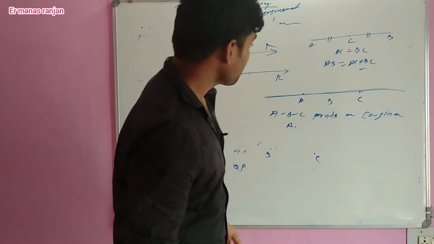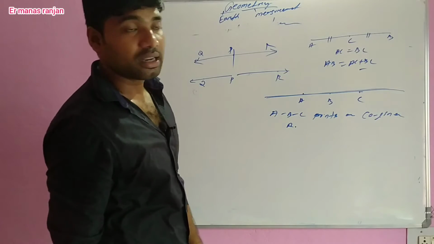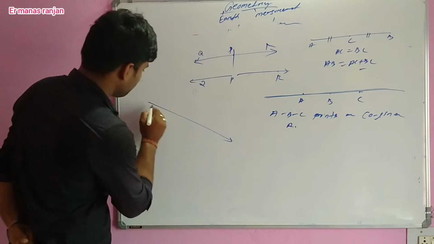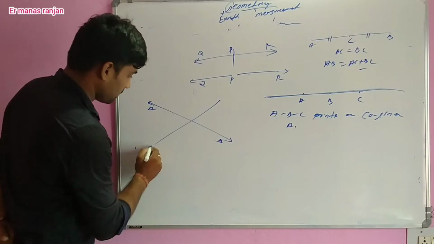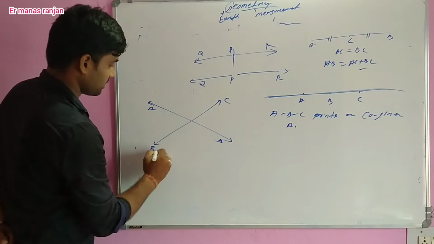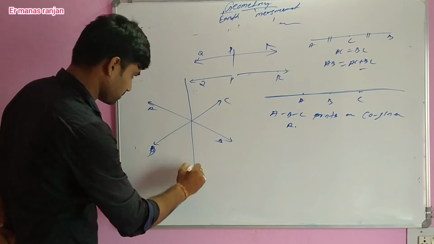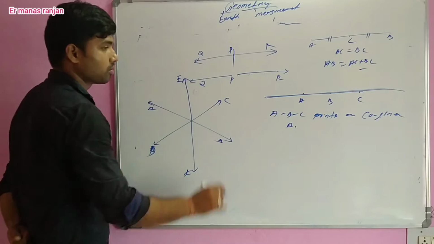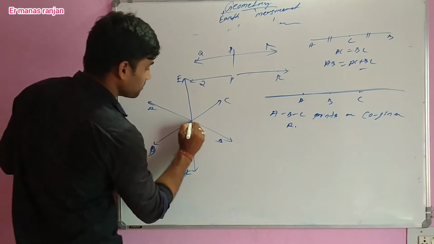What are concurrent lines? Look at here. Here is the line AB, here is the line CD, and EF. Three lines. Look at it. The three lines intersect at a point.